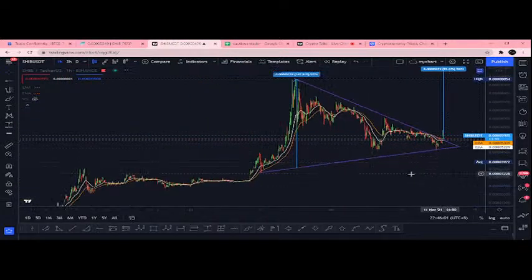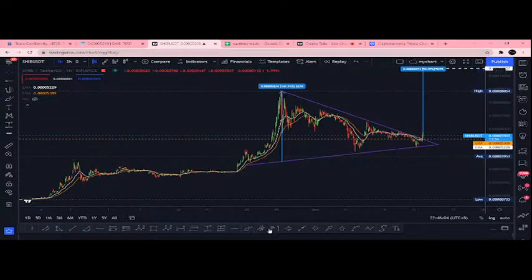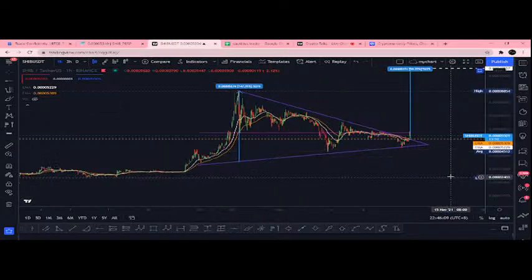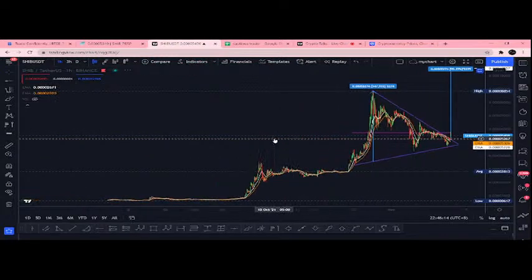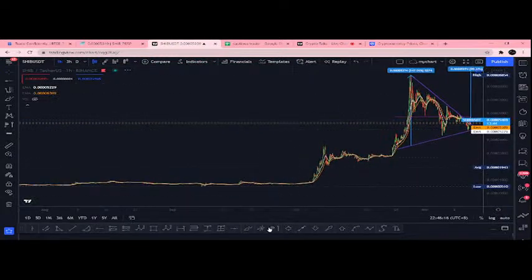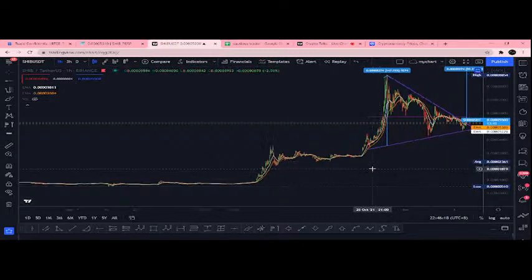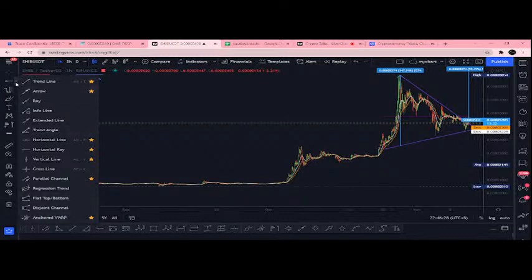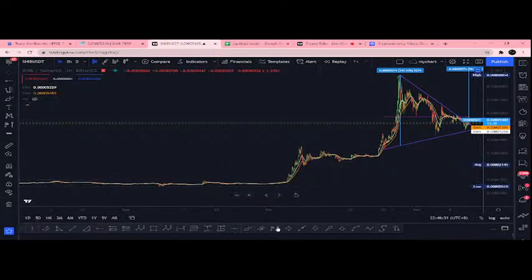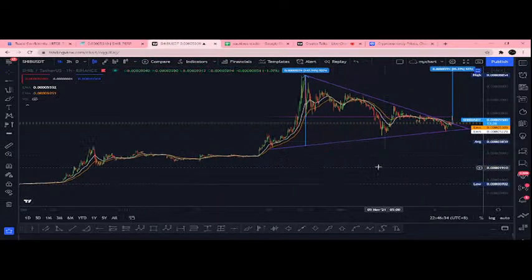Maybe we could add a bit of volume profile from there. And if you want to use the VWAP, you can actually do so. We have an anchored VWAP here on the first one. So you can also add that if you are using that.